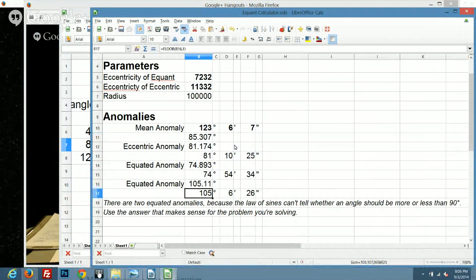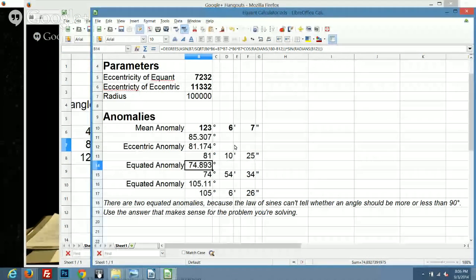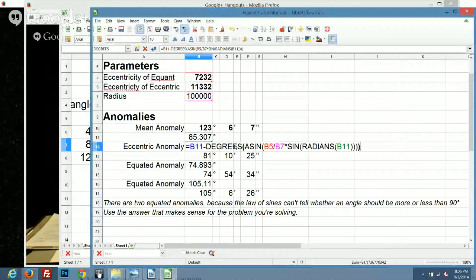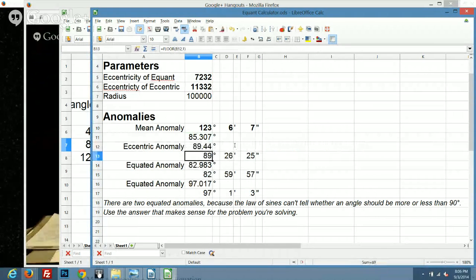it says I got an equated, whoops, I guess I made this spreadsheet wrong. Okay, looks like we got a little problem here. What happened? A minus should have been a plus.